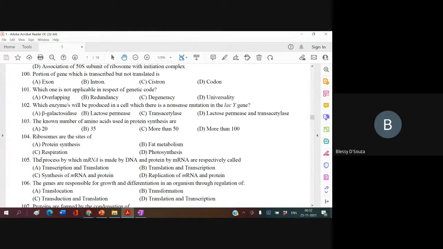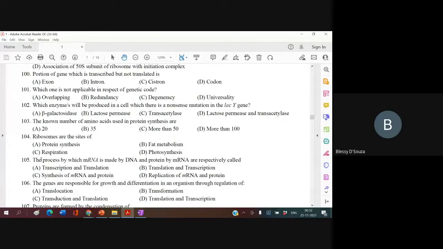Which enzyme will be produced in a cell in which there is a nonsense mutation in the lac Y gene? It is A. Right? 103.